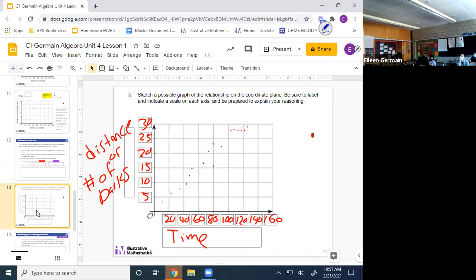Does that make sense? No, it's not logical. So your graph cannot have, if you're drawing a vertical line, more than one point on that vertical line. So this blue point would not work here. It would be illogical in the context of the story. Does that make sense, you guys? Good.